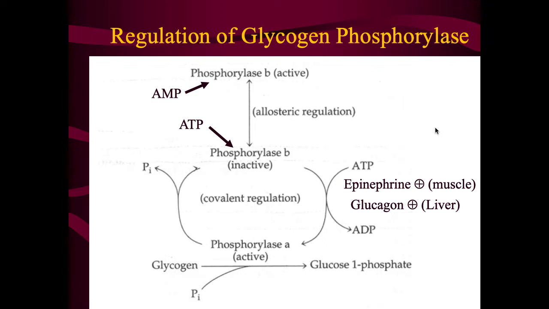If this is in a muscle fiber, it would go glucose 1-phosphate, glucose 6-phosphate, glycolysis. So this doesn't happen in muscles. Glucagon does not stimulate muscle fibers because muscle fibers do not have glucagon receptors. So that one's just the liver. Everyone got that? Okay, so that's what's activating it.